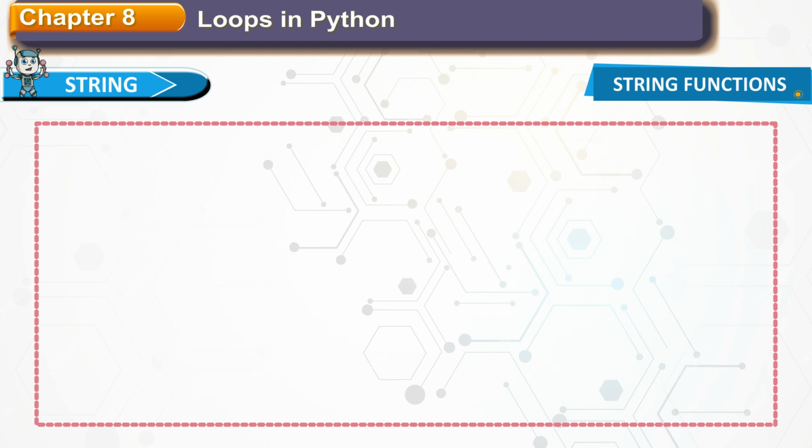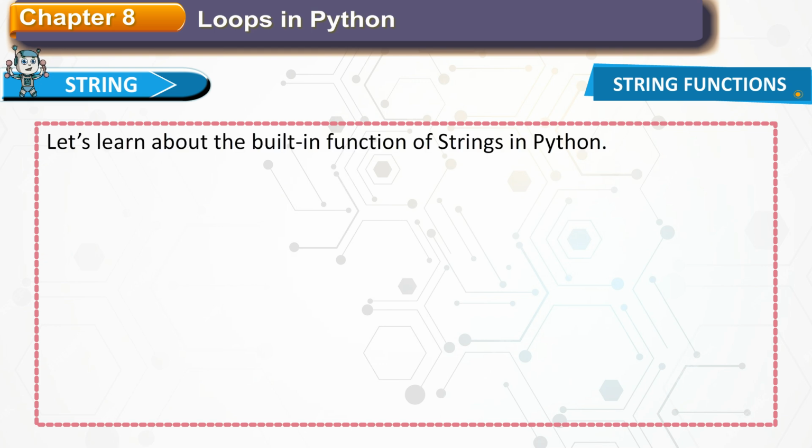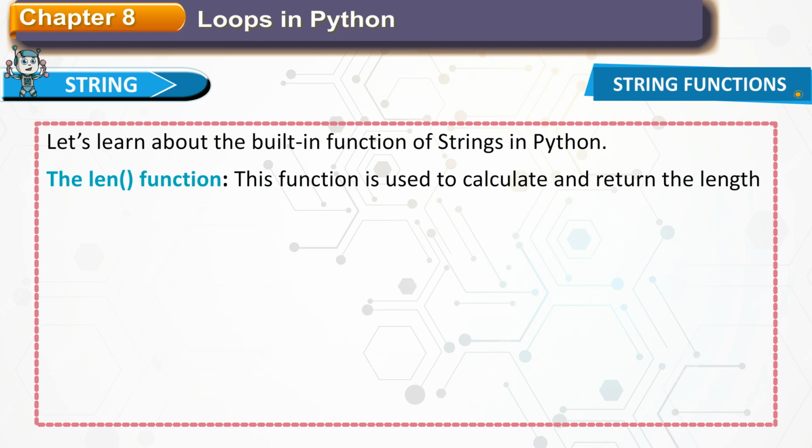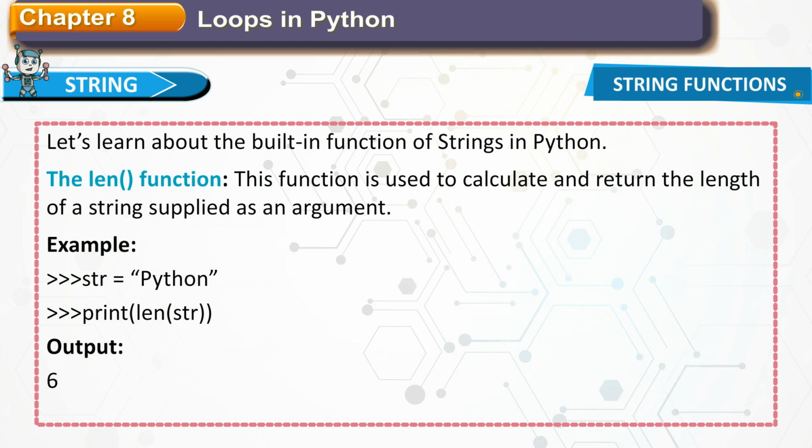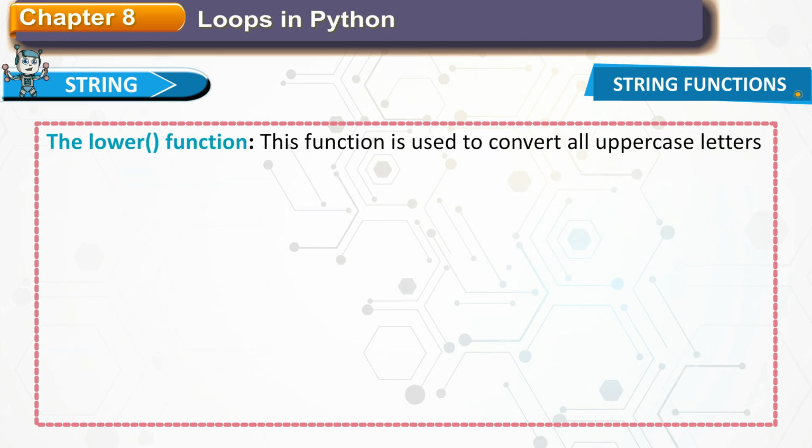String functions. Let's learn about the built-in functions of strings in Python. The len function. This function is used to calculate and return the length of a string, supplied as an argument. Example: str = "Python", print(len(str)). Output: 6. The lower function.